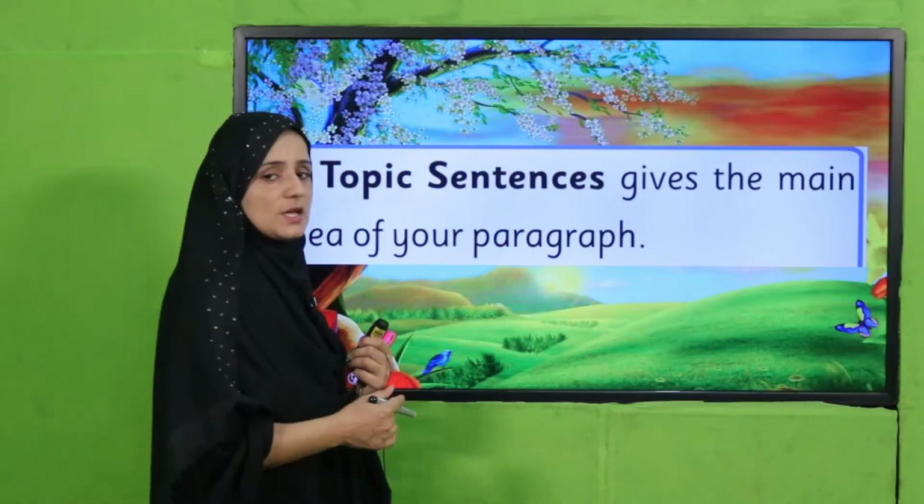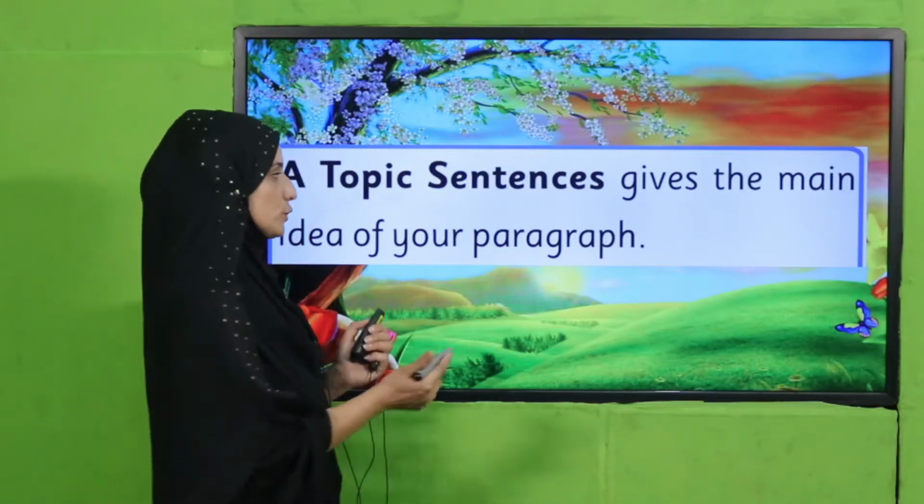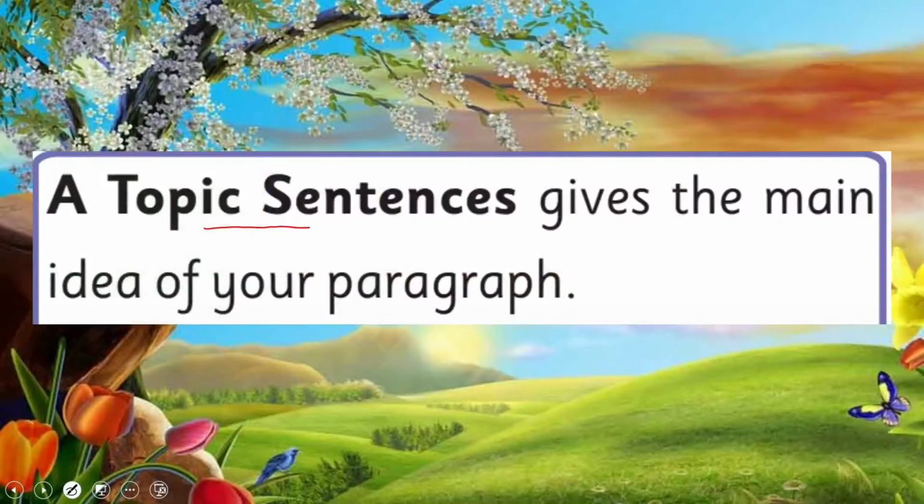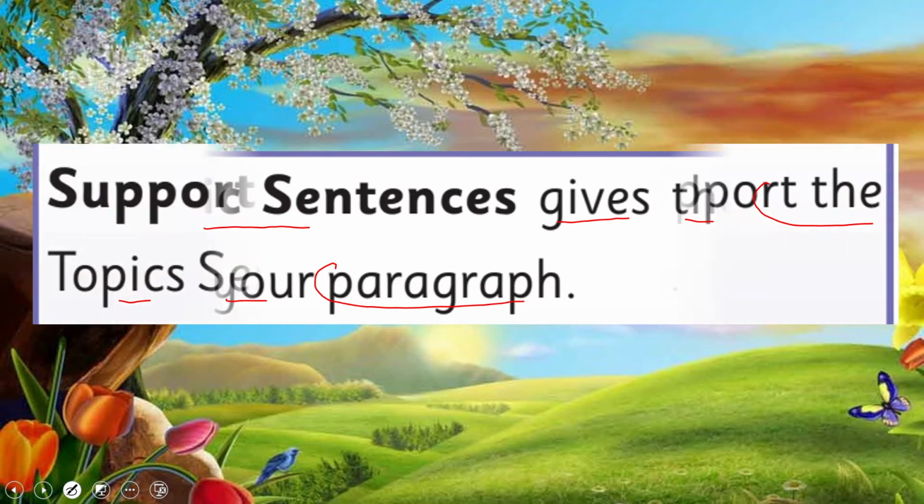There are a few parts in a paragraph. The first one is a topic sentence. A topic sentence gives the main idea of your paragraph. It always tells us what that paragraph is about.